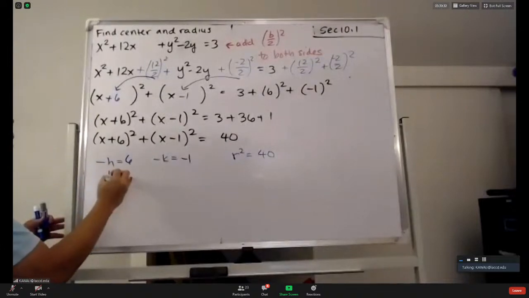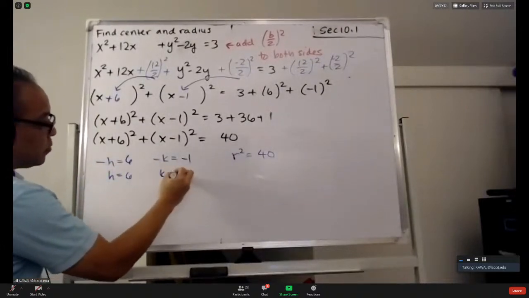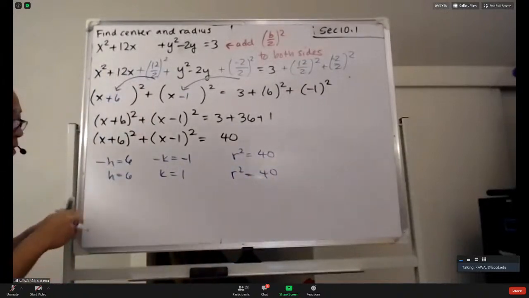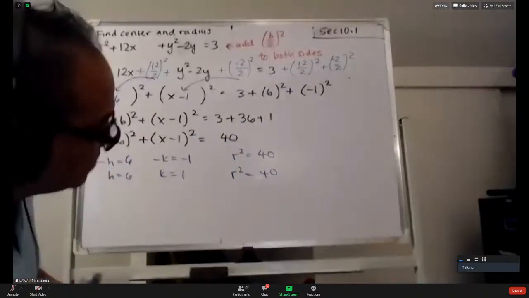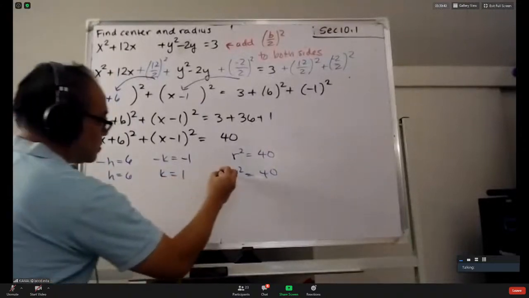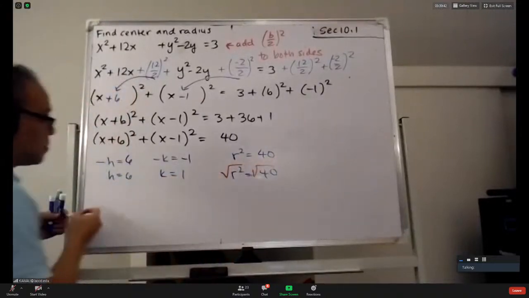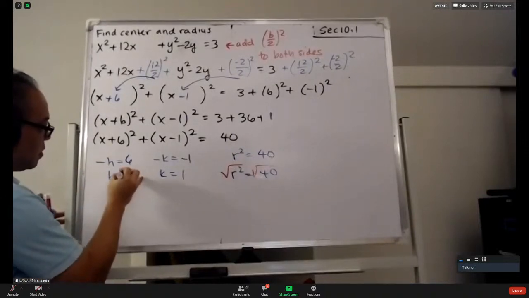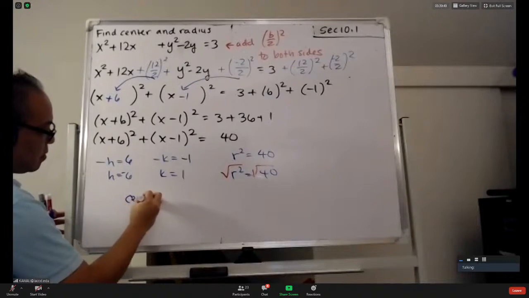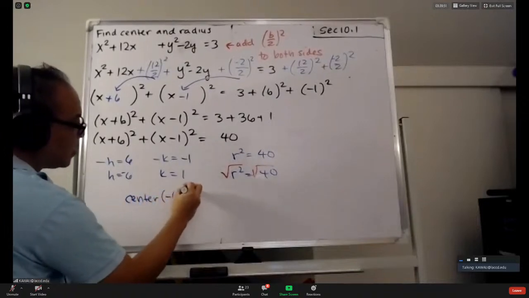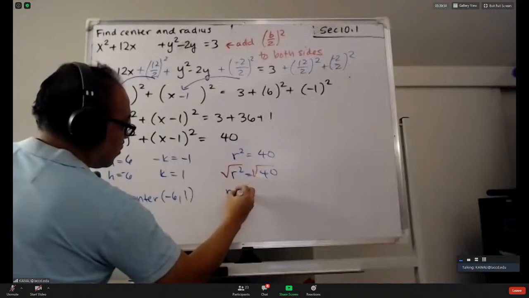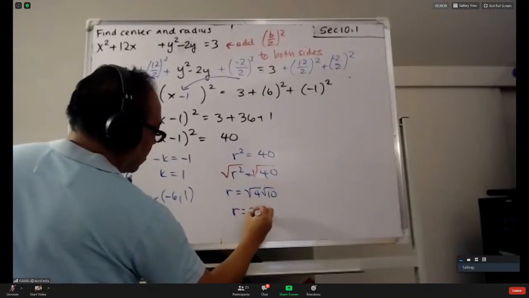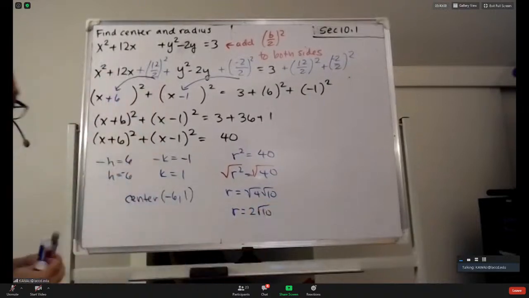So h will be equal to 6, k will be equal to 1, r squared. I'm going to square root both sides. So my center, let's think, will be -6 comma 1. And then r will be square root of 4 square root of 10.